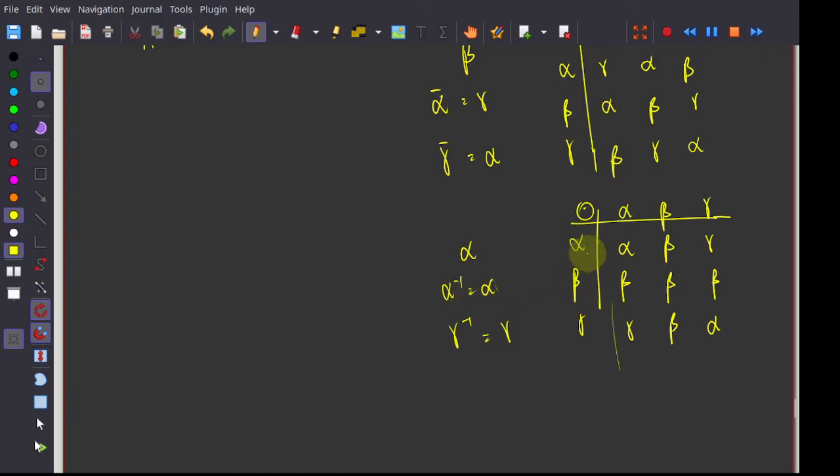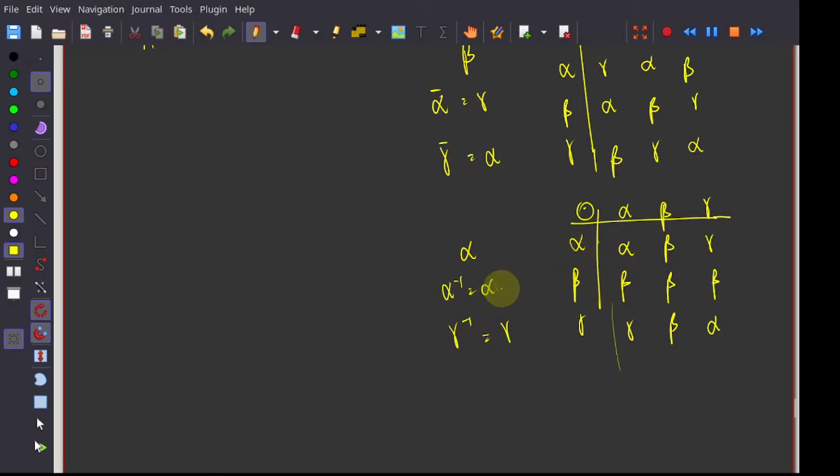So basically you want to find the inverse of every element, right? Our guess is that alpha is the multiplicative identity. So for every non-zero element, that is for every element which is not beta, you want to find the multiplicative inverse. So you look at the row corresponding to alpha, and find out which element makes it equal to alpha. Multiplying alpha with alpha gives you alpha. So the multiplicative inverse of alpha is itself.